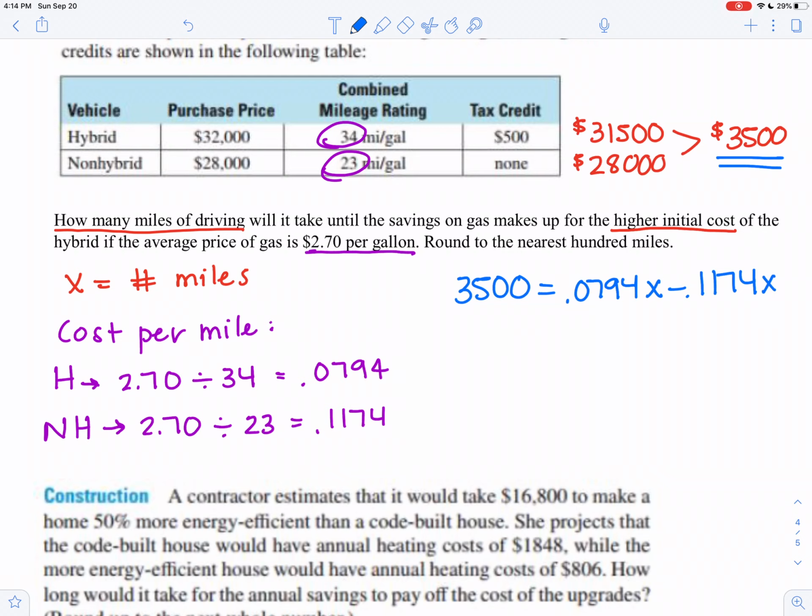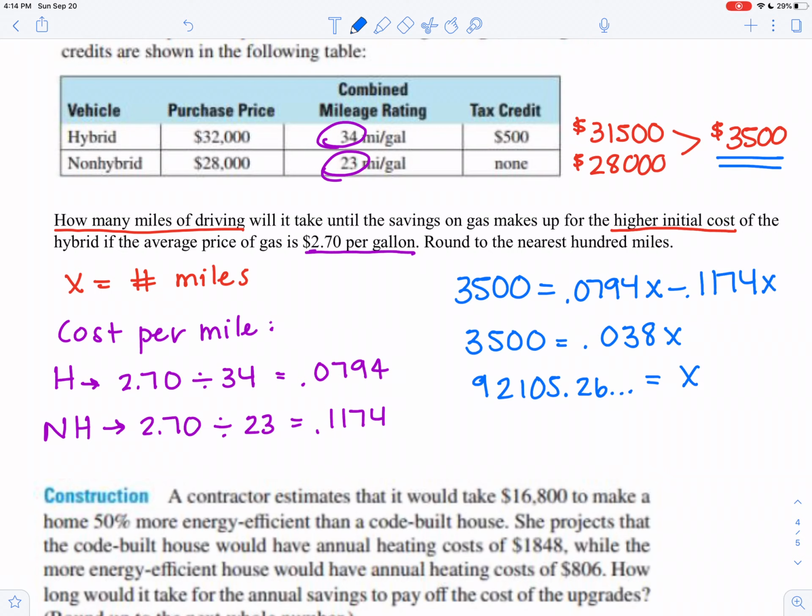All right, so simplifying here, I've got 3,500 is equal to 0.038 times x, just combining like terms. To solve, I'm going to divide both sides by 0.038. I'm getting a value of 92,105.26 is equal to x.